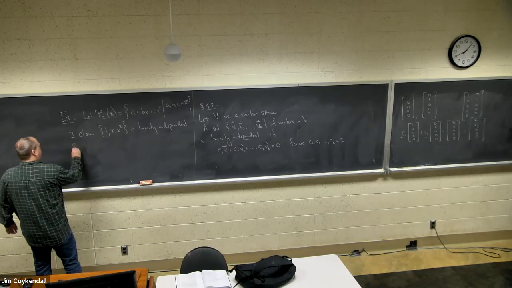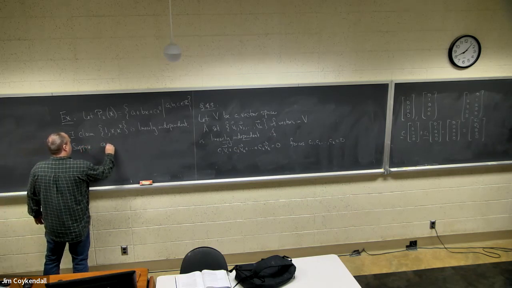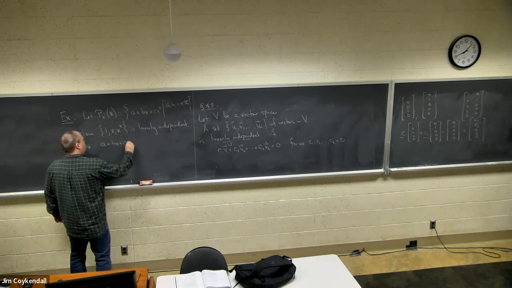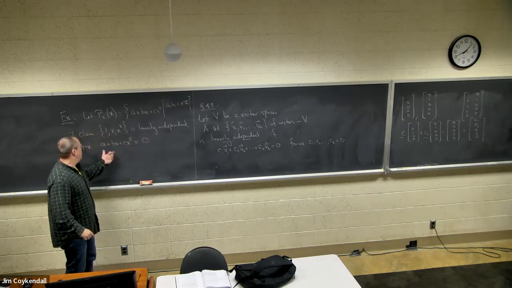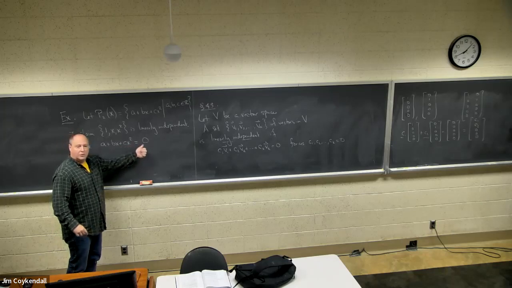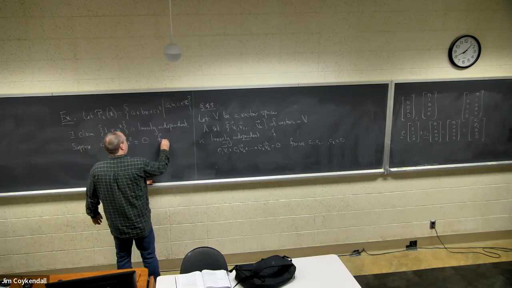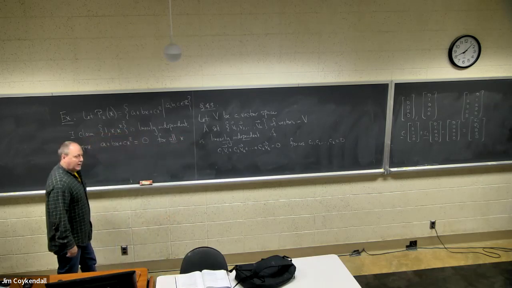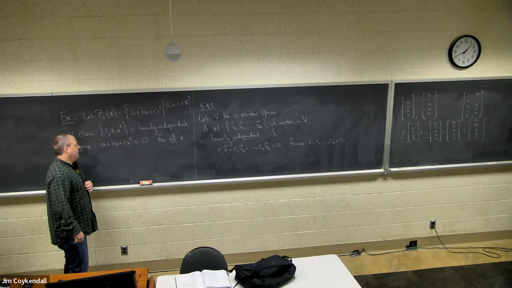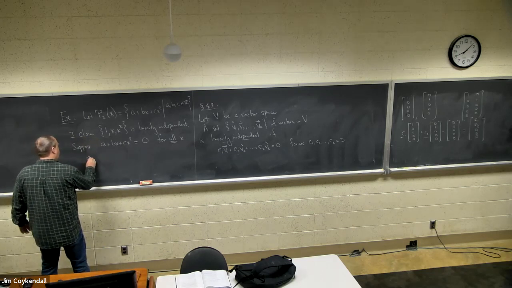So suppose that a plus bx plus cx squared equals 0. We need to show that a, b, and c are all 0. Now let me point out that this is for all x.